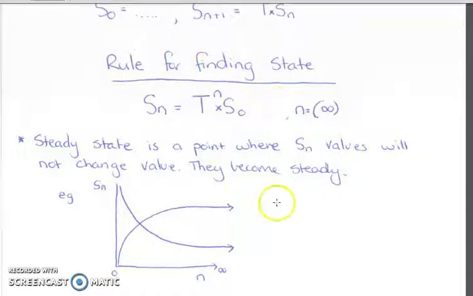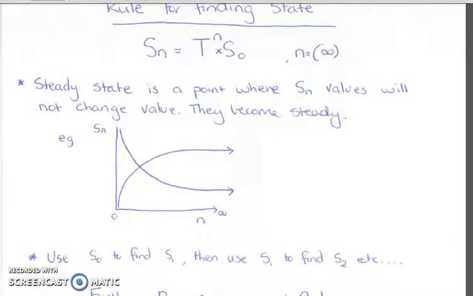Now, a steady state is when it gets to a stage that the values of the matrix won't change. Now, to work out a steady state, you've just got to predict very, very far in the future. So in terms of an n value, you might put in 100 or 150. Be very careful.